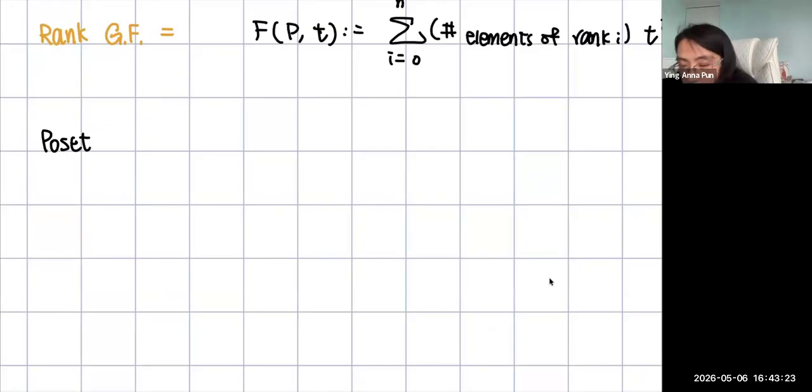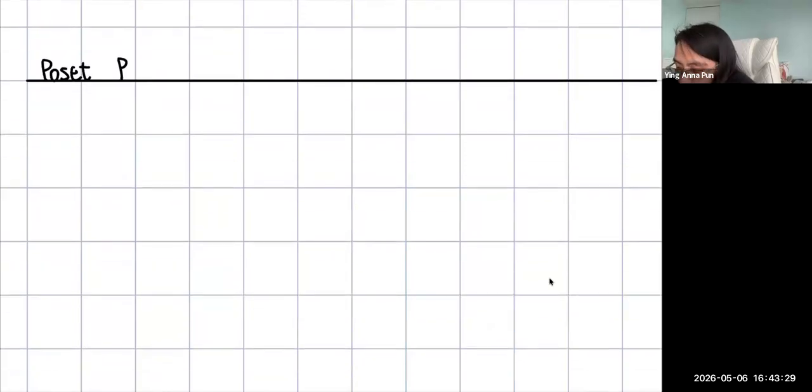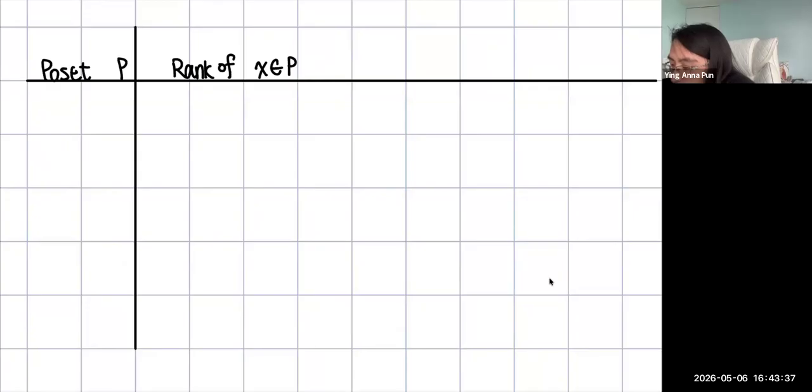So let's look at the poset P. Let's draw this out. Okay, and then the rank of any element p.